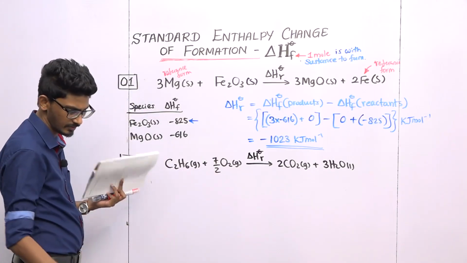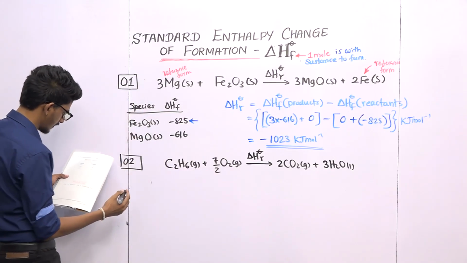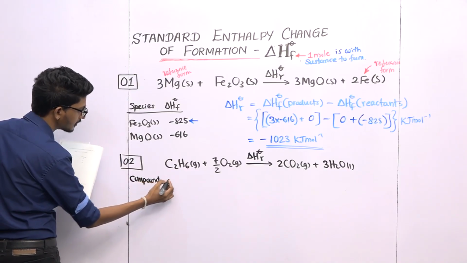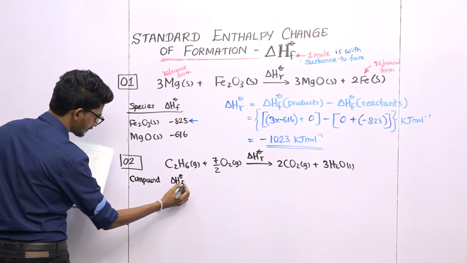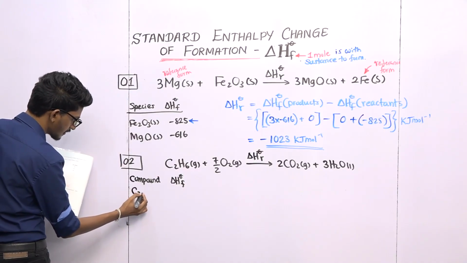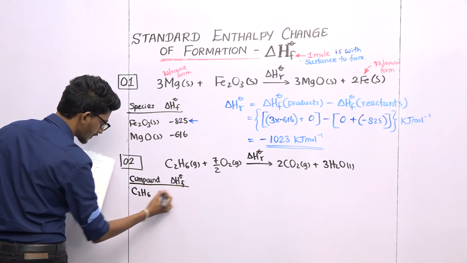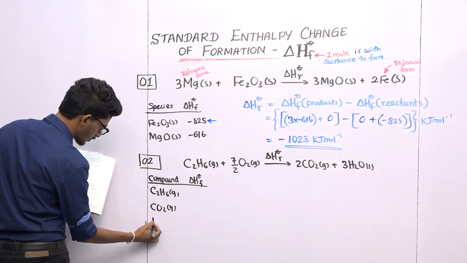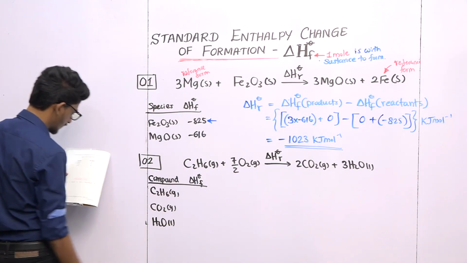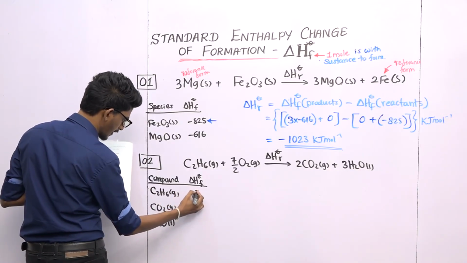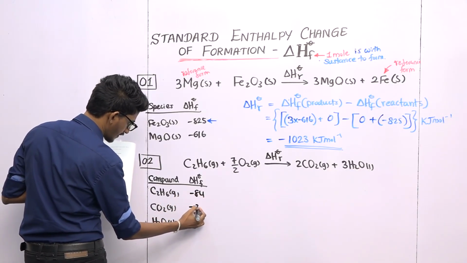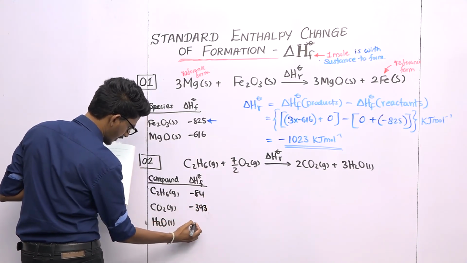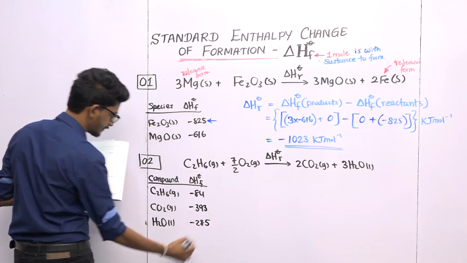Some data are given for some compounds: for C2H6 gas, CO2 gas, and H2O liquid, the delta H F values are given as minus 84, minus 393, sorry, and minus 285.